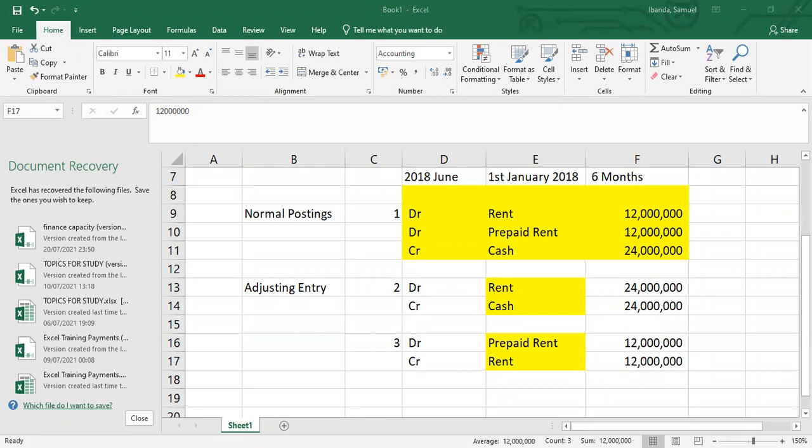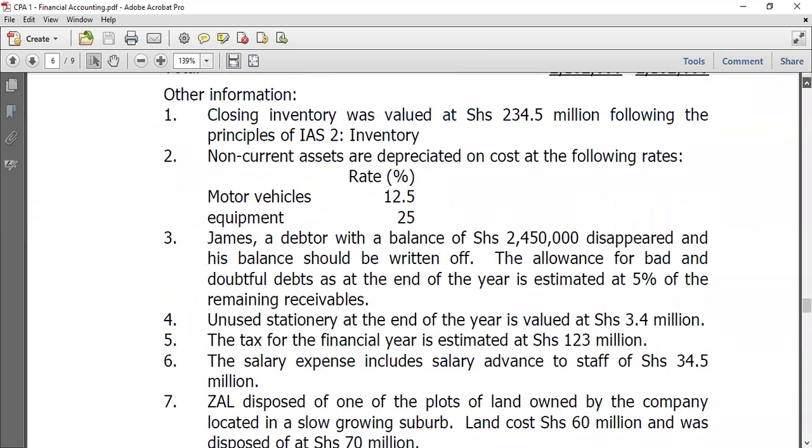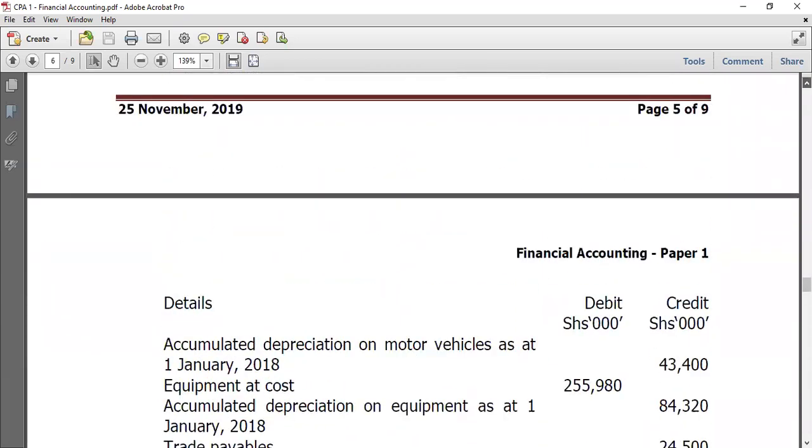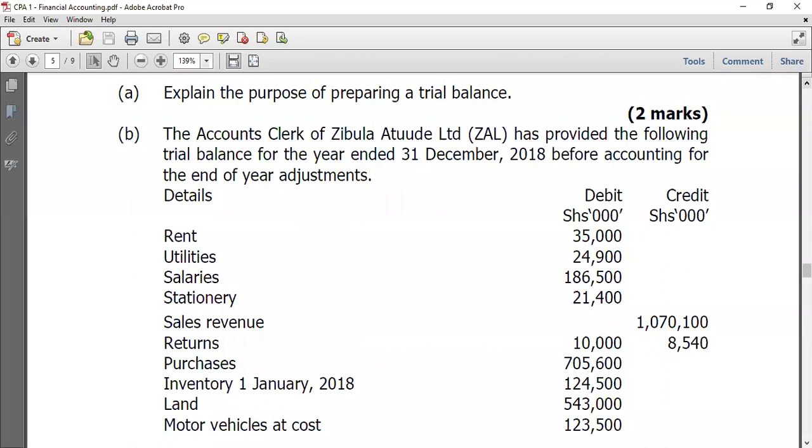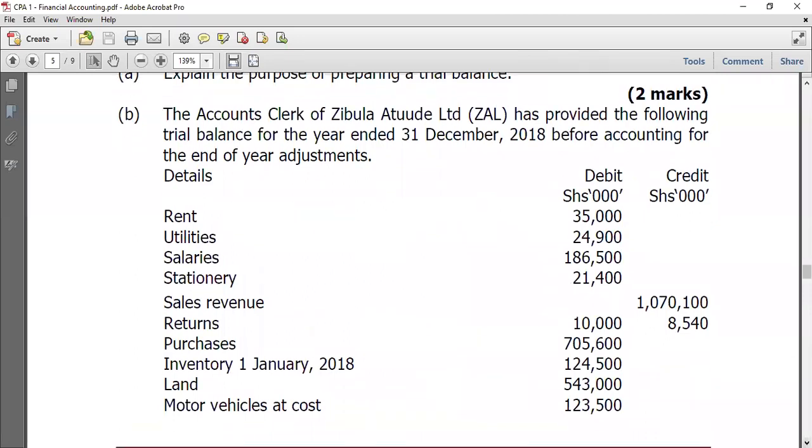I want to give you another example here. Now, when we are looking at adjustments, it's good for us to appreciate something small here.